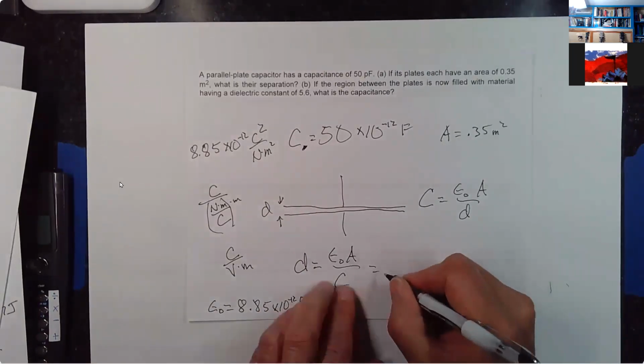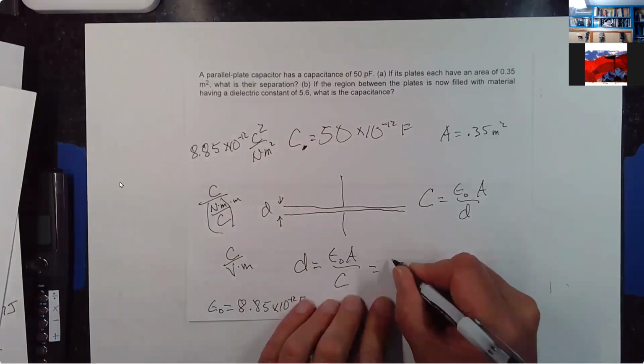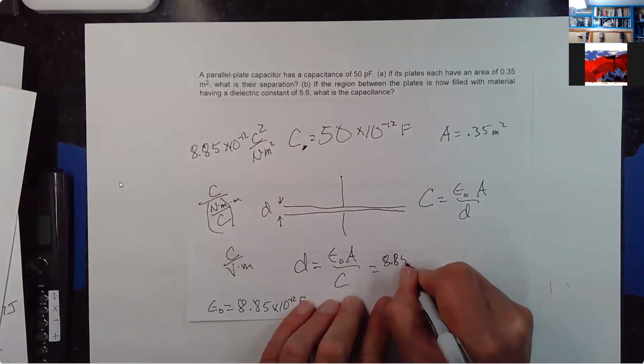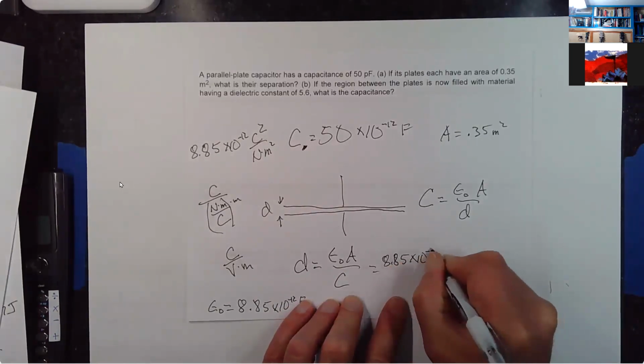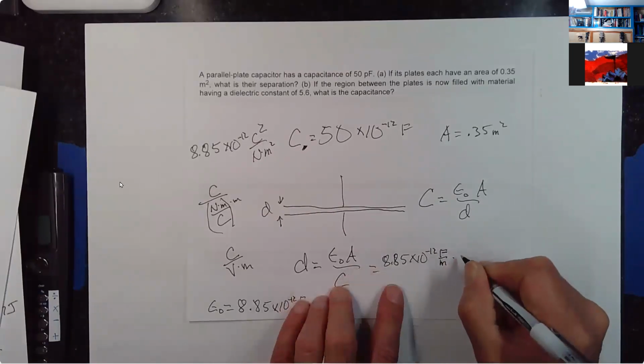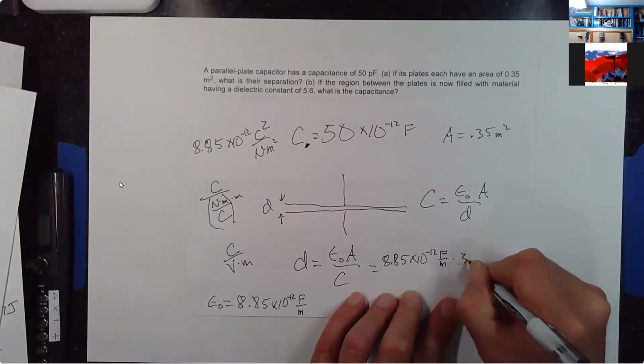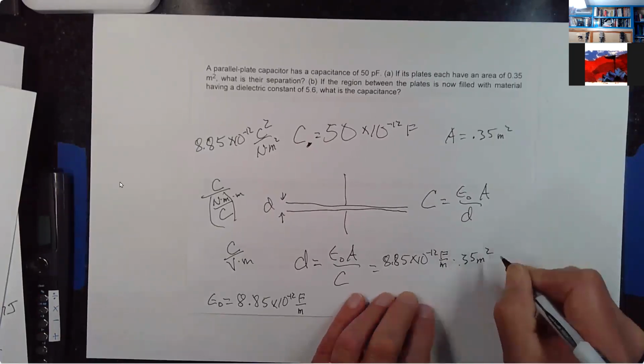And the distance between the plates is going to be 8.85 times 10 to the minus 12th farads per meter times the area, 0.35 meters squared.